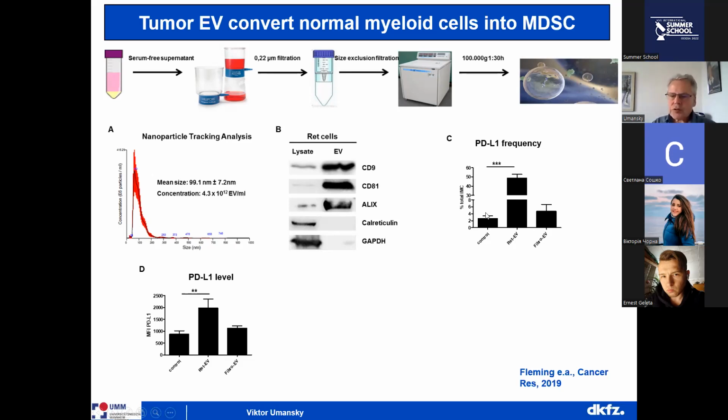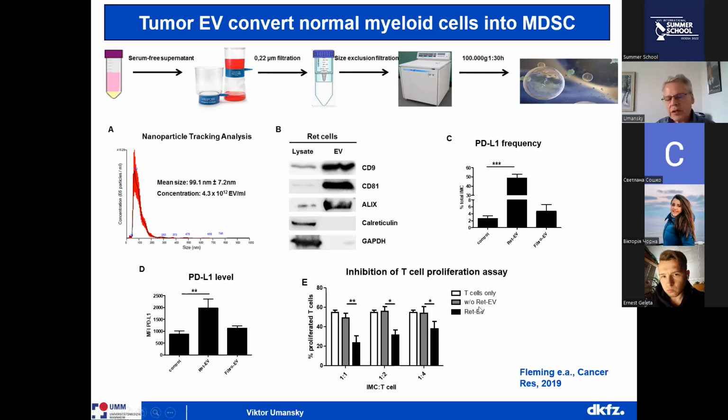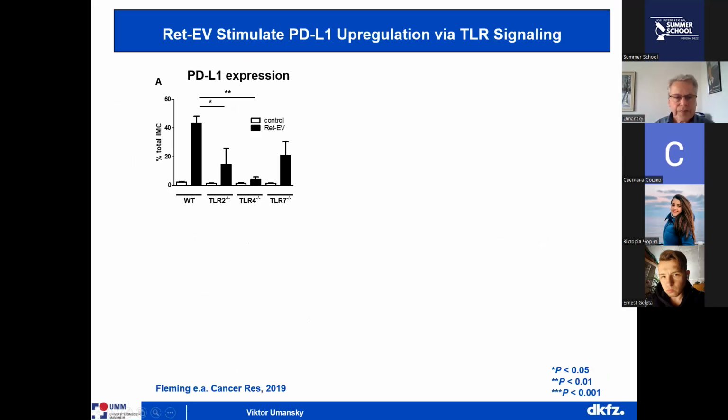This happened not only in the number of cells expressing PD-L1, but also in the level of PD-L1 expression, and more importantly, these myeloid cells are really able to inhibit T cell proliferation. T cells are proliferating with the help of CD3 and CD28 antibodies, and then you co-incubate the cells with myeloid cells treated with exosomes, and you see the proliferation is significantly inhibited.